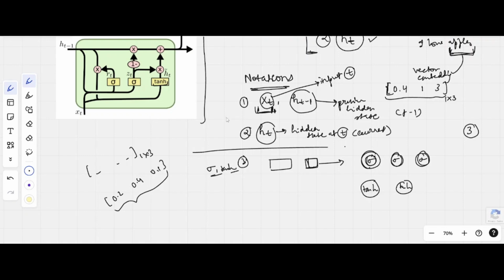This means that 20% of the information will pass, 40% of the information will pass, and 10% of the information will pass with whatever you are multiplying it with. So if you are multiplying this with this vector, that would mean that from the first element, 20% of the information will pass. So this sigmoid decides how much information should actually flow.